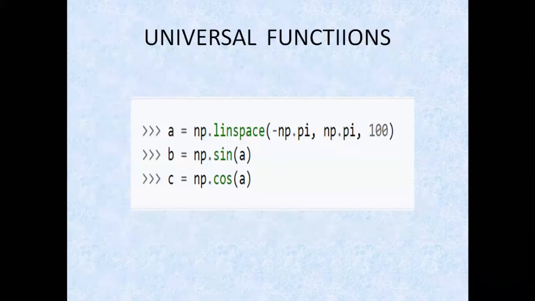So this divides the range into 100 parts. While running this code, A will have 100 equally separated values. So linspace creates a sequence of evenly spaced values within a defined interval.